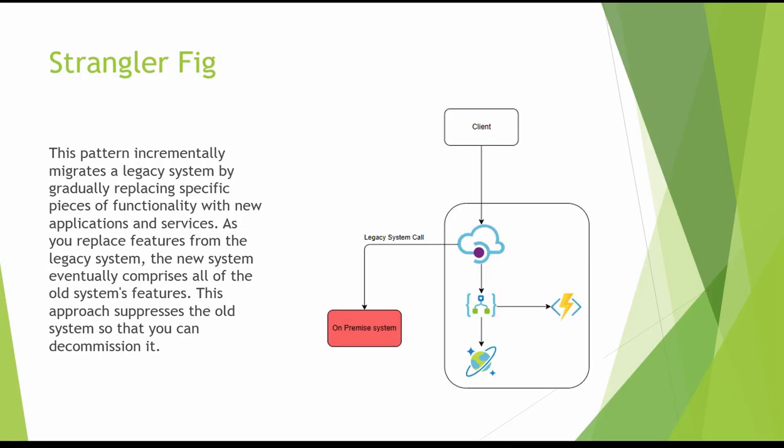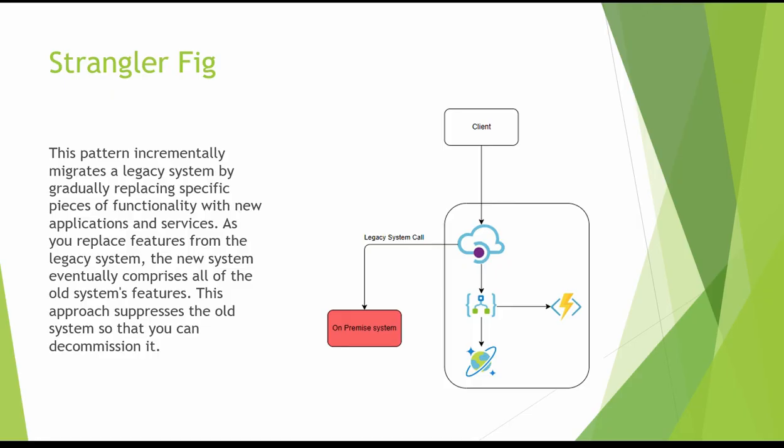Now this is the Strangler Fig. It is more important when we are migrating a legacy system to the cloud, and it is possible that we can't migrate all systems in one go. So it is possible that some calls we have to make to our on-premises system, and some to our cloud system.